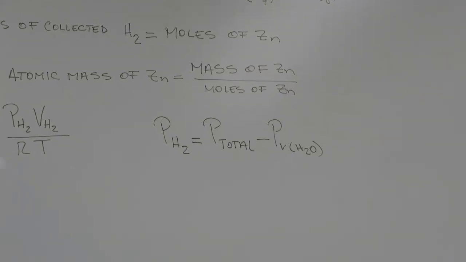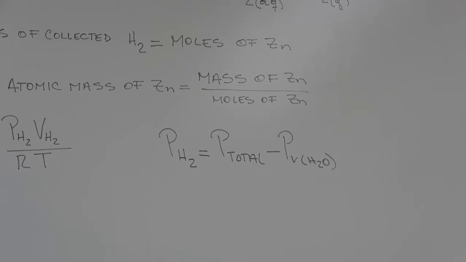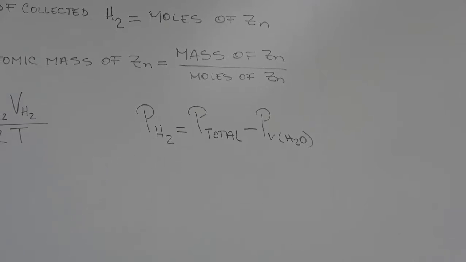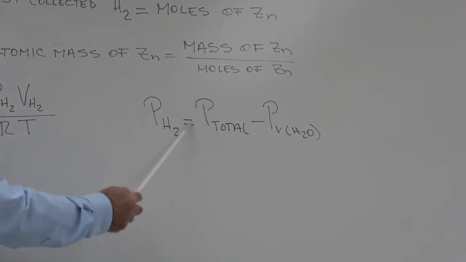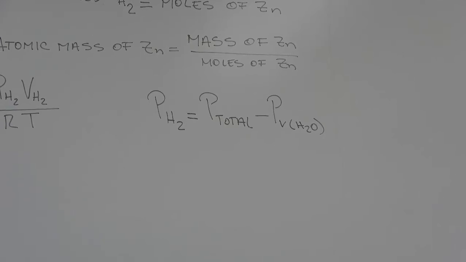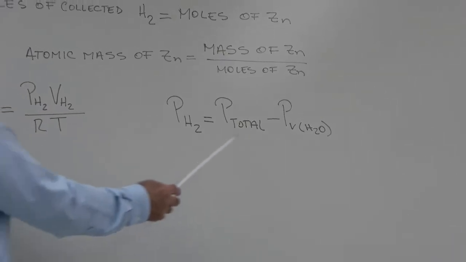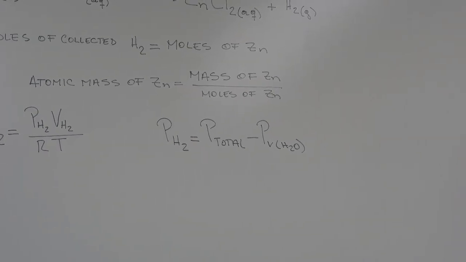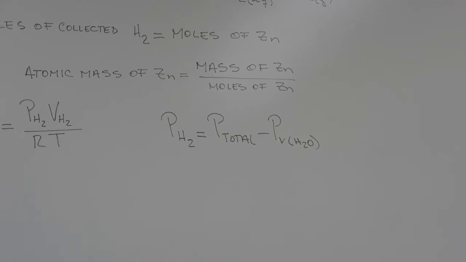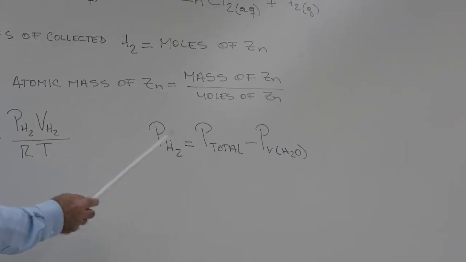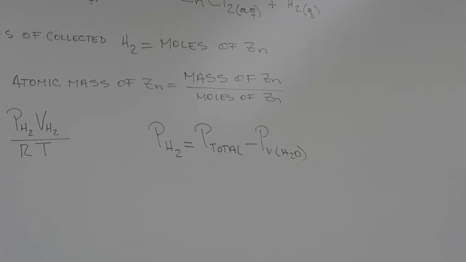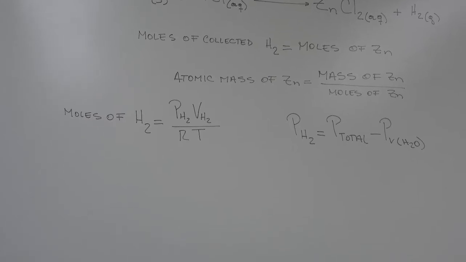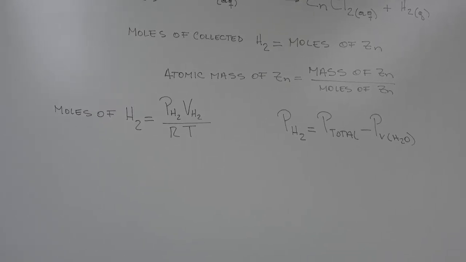Hence, from what we just saw on the figure that illustrates the experiment, the pressure of hydrogen that is going to be trapped is going to be equal to the total pressure, which is going to be the pressure in the lab, minus the vapor pressure of water that you are going to get from a table in your lab manual. After obtaining the hydrogen pressure, the number of moles of hydrogen is going to be calculated using the ideal gas equation.